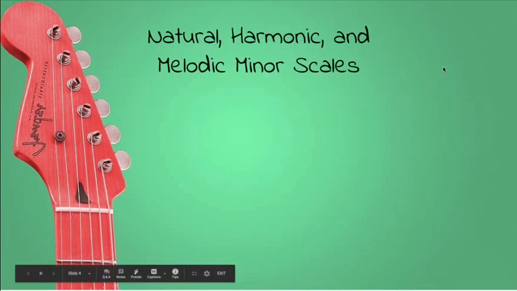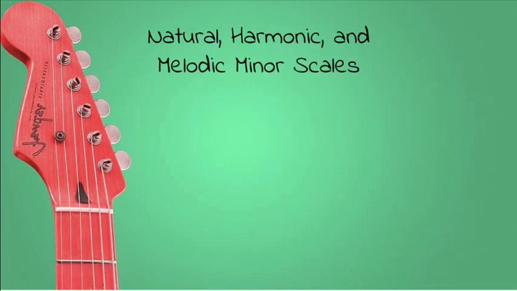The pattern, whole step, half step, whole step, whole step, half step, whole step, whole step, that you have already learned is one of the three forms of minor scales. It's called natural minor. Remember that the minor scales take on the key signature of the note a minor third higher.